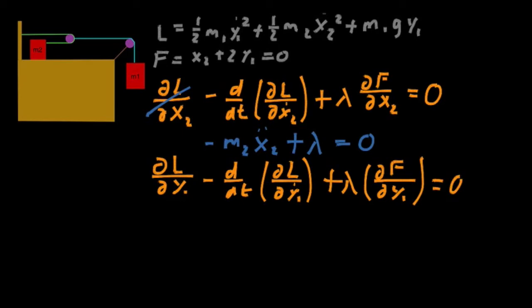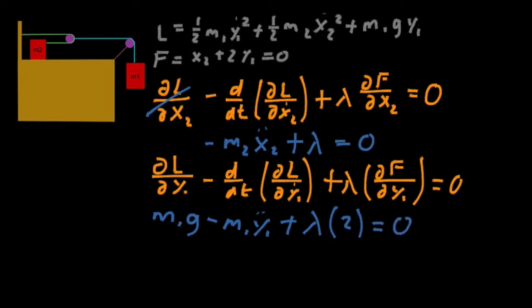And so the partial of L with respect to y1 is simply m1g, minus the partial of L with respect to y1 dot is going to be m1 y1 dot, and full time derivative, so we add another dot, then plus lambda, partial of f with respect to y1 is 2, and that's all going to equal 0.